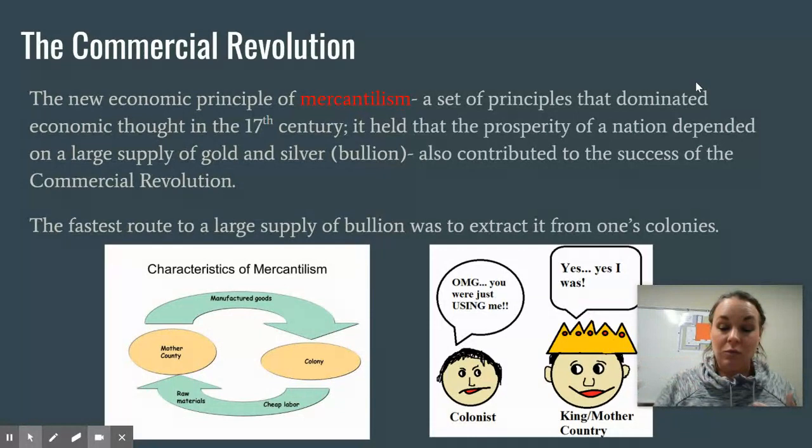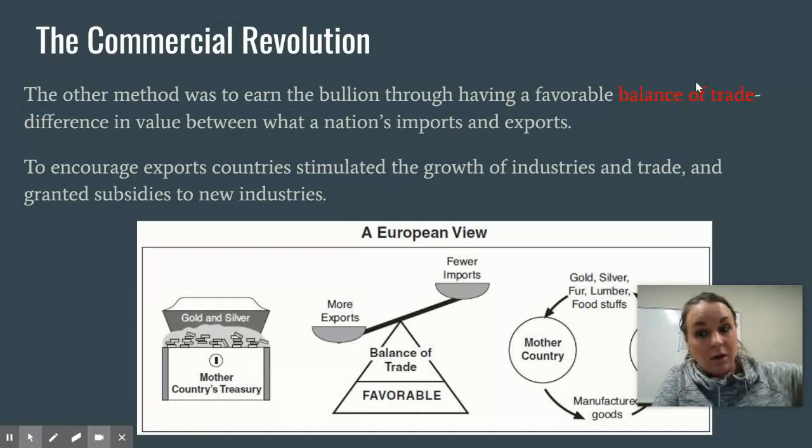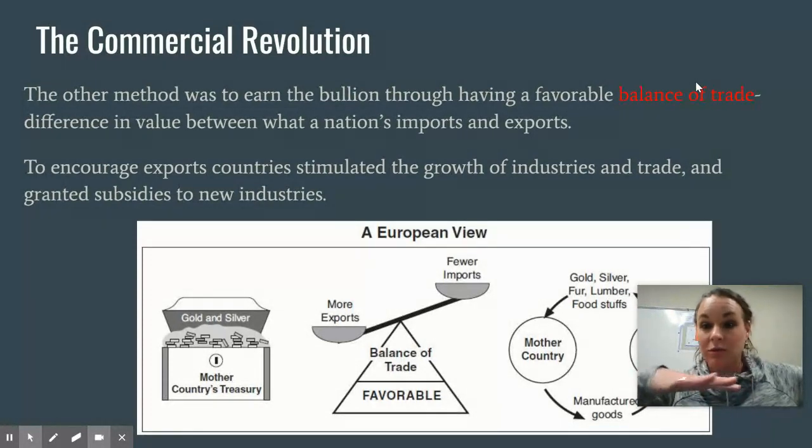And so, of course, the fastest route to getting large sums of wealth, hoarding gold and silver to create a bigger trading power, is exploiting the colonies, the new land, the new people, the new resources. And that's no big shock. So it's all about the mother country gaining and hoarding large amounts of wealth to back up their trading power on the global stage.